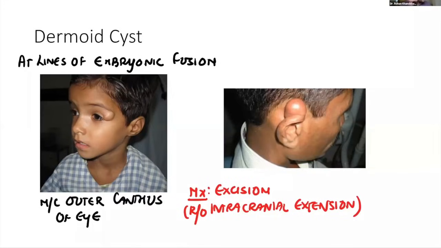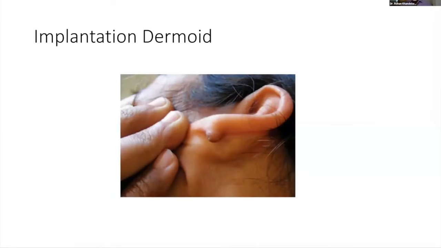Another common site is retroauricular, but the most common is the outer canthus of the eye, and the management is excision. But before excision, always rule out intracranial extension by doing a scan. Implantation dermoid can occur after ear piercing, or if somebody gets hit by a thorn, that can form a dermoid there. That is known as implantation dermoid.